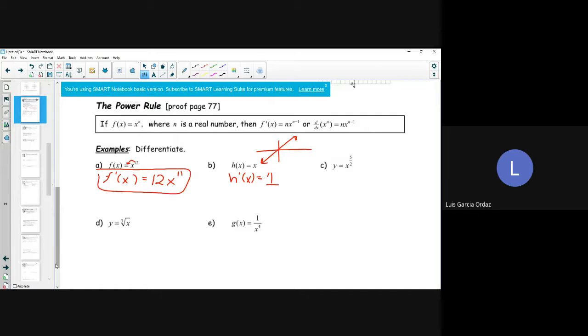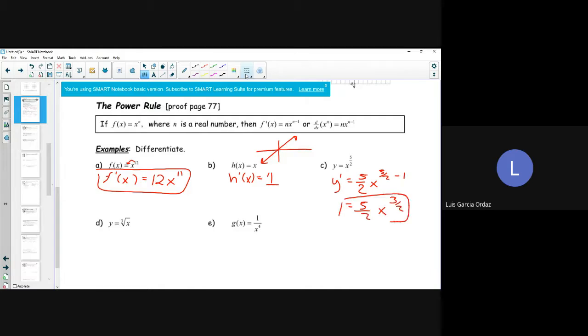Now the next one, y prime is equal to 5 over 2 times x to the power of 5 over 2 minus 1, which gives us 5 over 2 x to the power of 3 over 2.